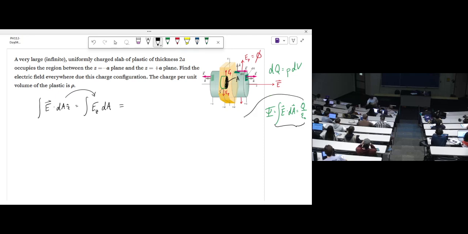So if I want to calculate the charge, then now I have to integrate over the differential amount of charge, dq over epsilon naught, or that would be the integral of rho times the differential volume over epsilon naught.